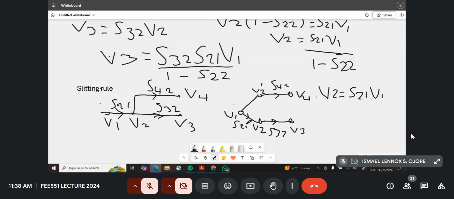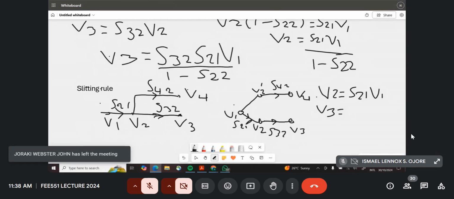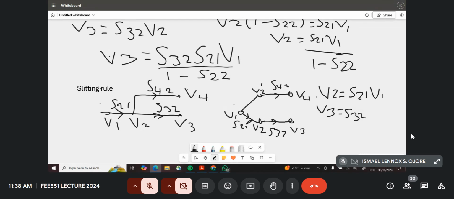So V3 will be S32 S21 V1. I hope you understood how I've solved for V3, just substituting V2 which is S21 V1, and V4 will be S42 S21 V1.